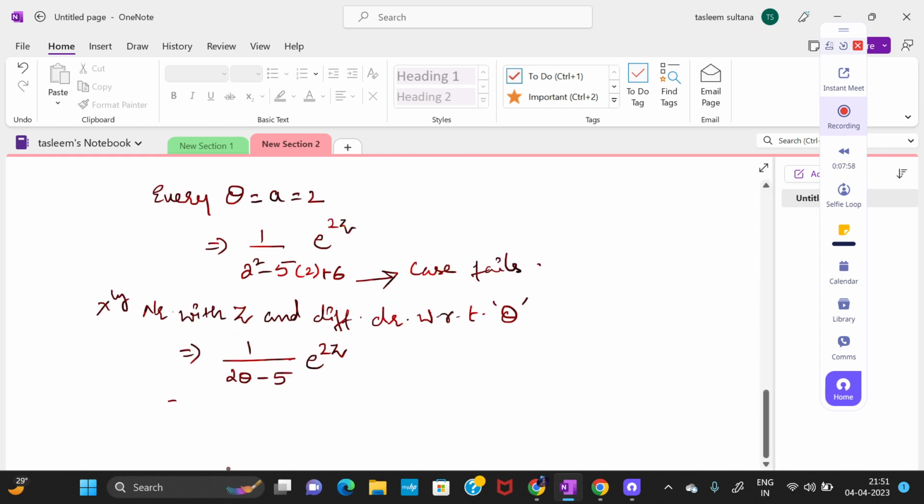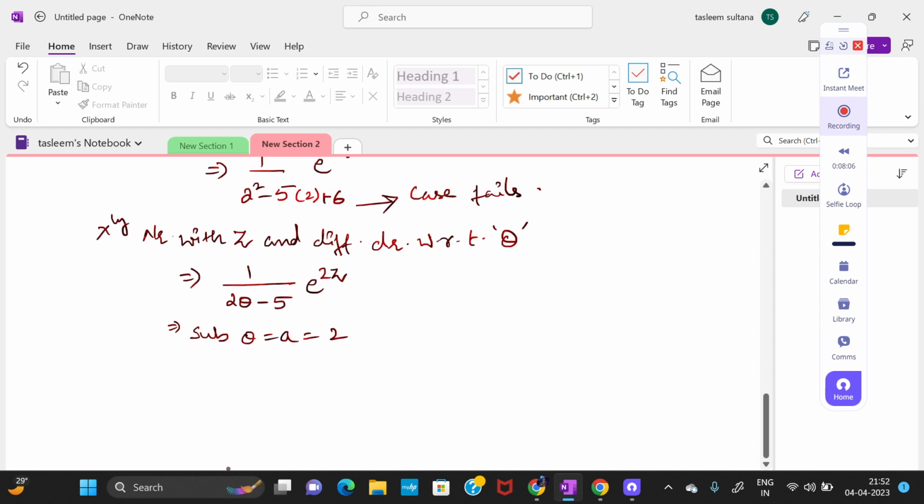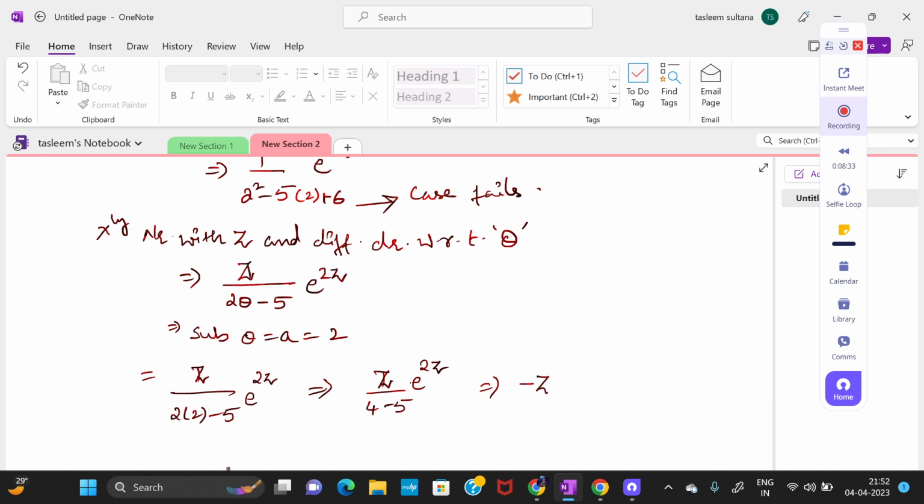Again we will substitute theta equals a equals 2, which gives 1 divided by 2 into 2 minus 5, e to the power of 2z, with z multiplied. That is z times 1 by minus 1, e to the power of 2z.